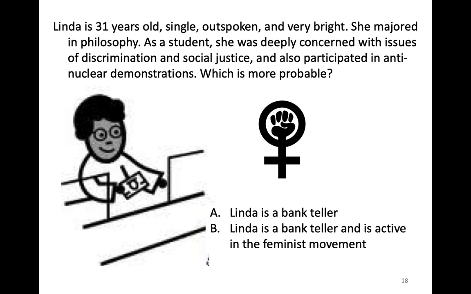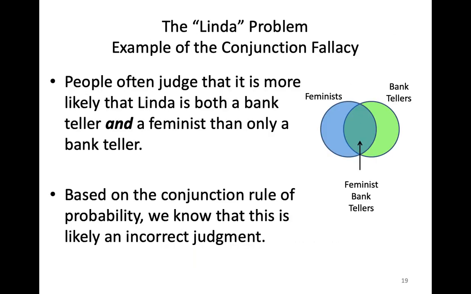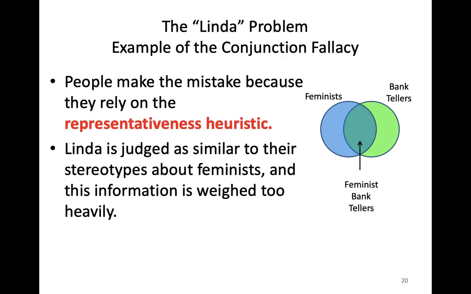Okay, so there are some pieces of information that people would suggest fit the stereotype of a feminist, and they treat that information as very diagnostic, and it pushes them to make this conjunction error, ignoring rules of probability. So that's due to the representativeness heuristic.